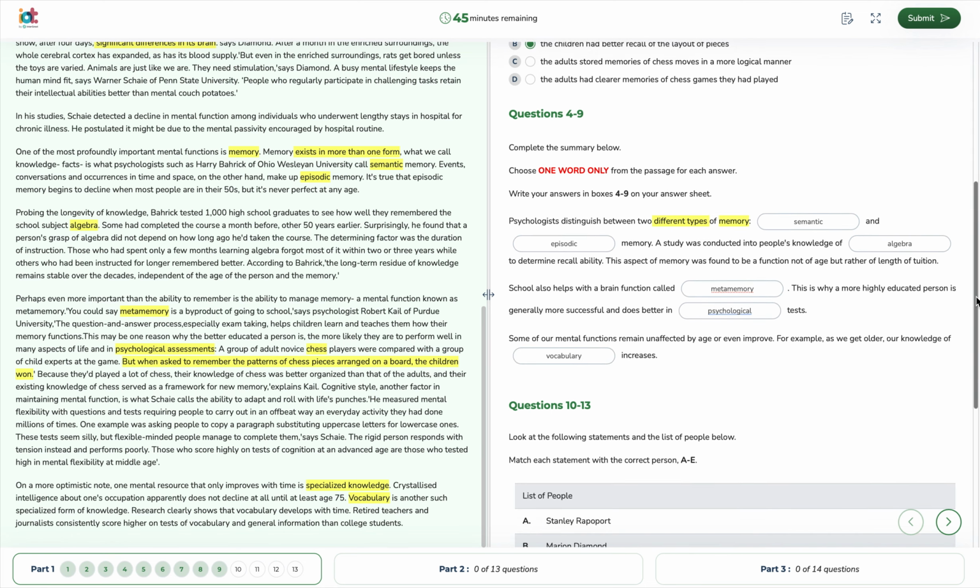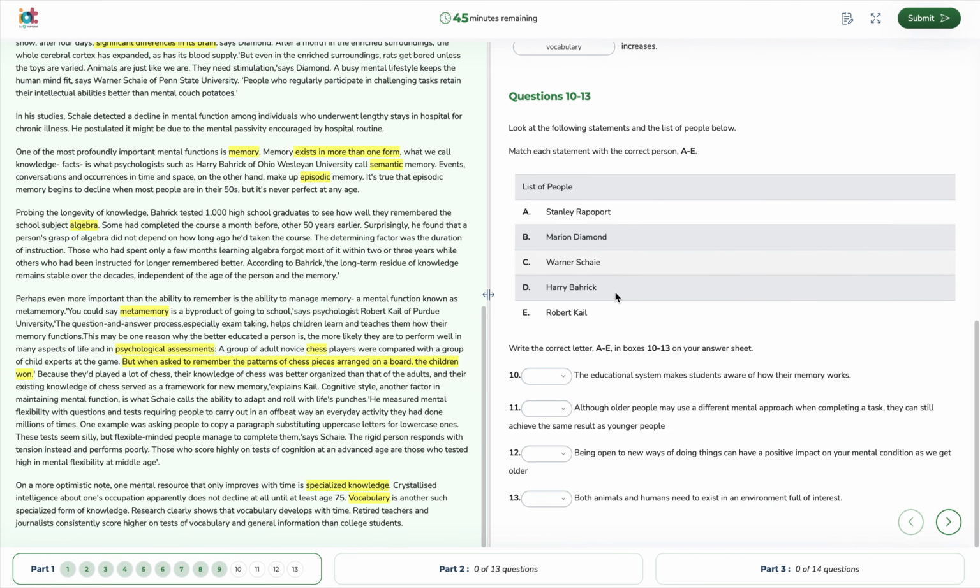The remaining ones now. Usually in these ones, what I do is just highlight the main words. Like the first one, the educational system makes students aware of how their memory works. This is the education system.